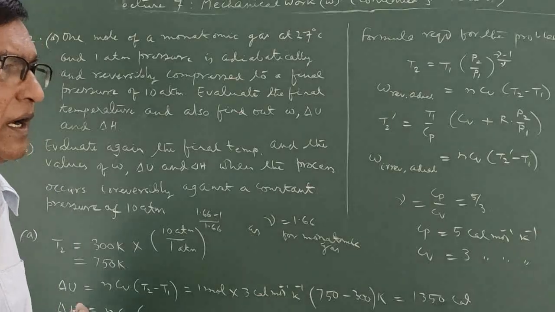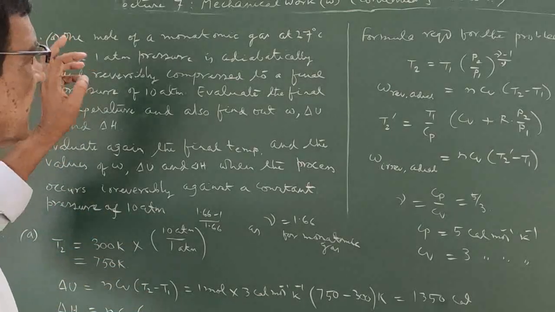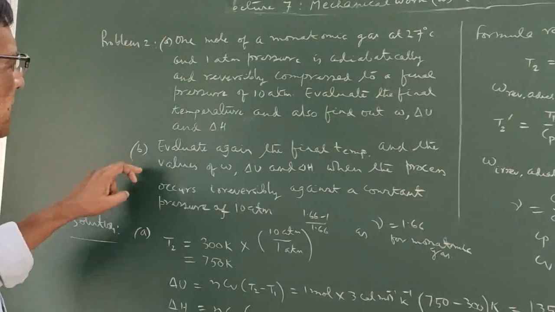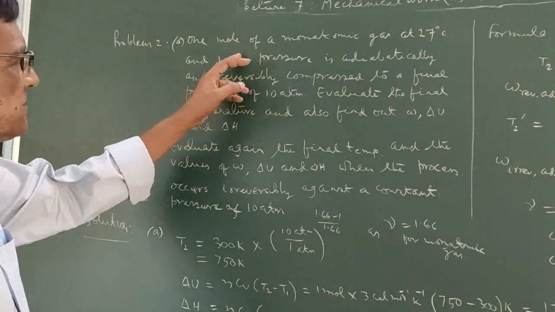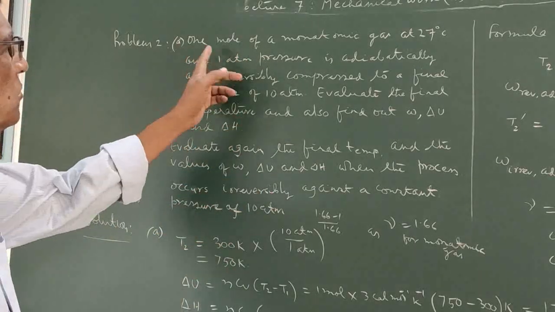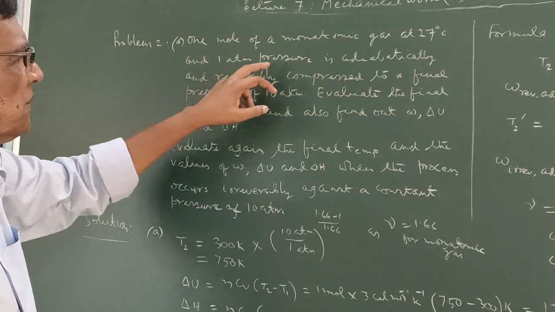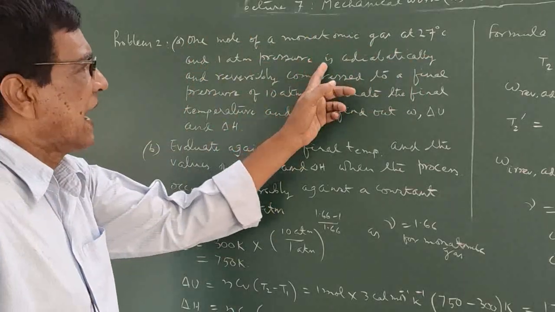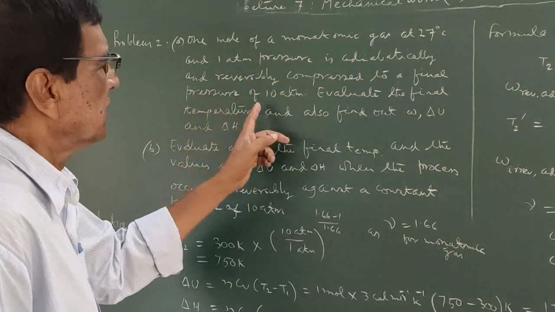Now I give one second problem. In case of A and B, both processes are there. One is reversible adiabatic, and this one is the irreversible adiabatic. 1 mole of a monoatomic gas at 27 degrees centigrade and 1 atmosphere pressure is adiabatically and reversibly compressed to a final pressure of 10 atmospheres.